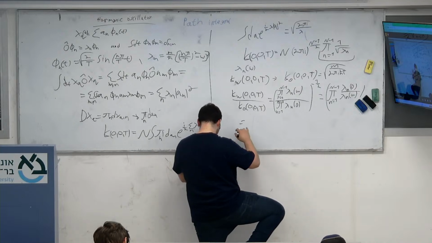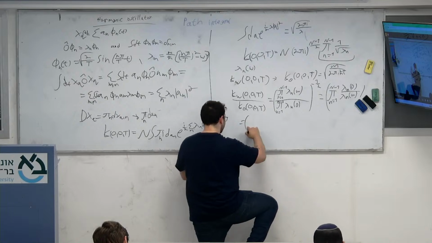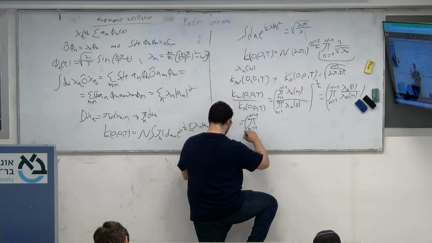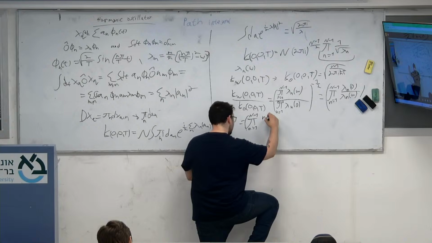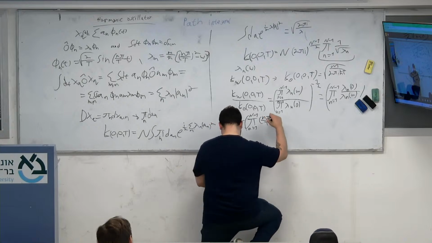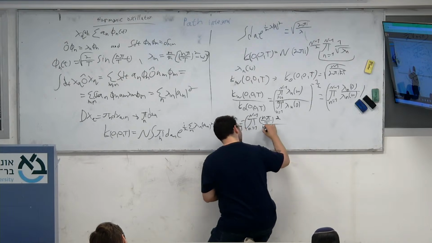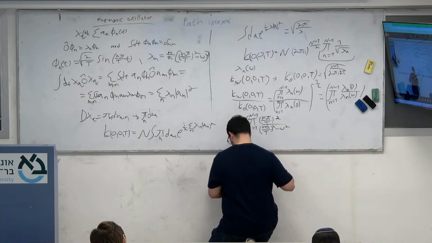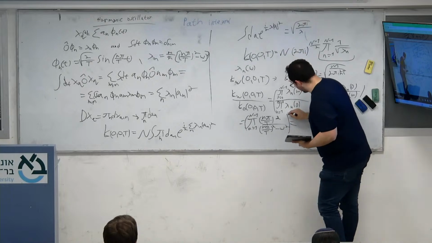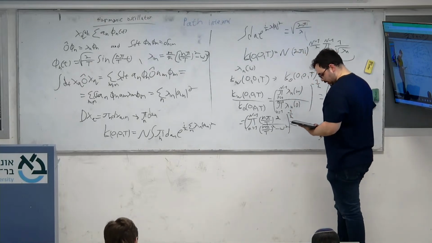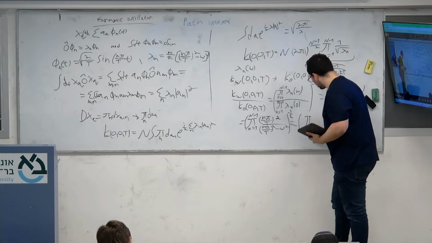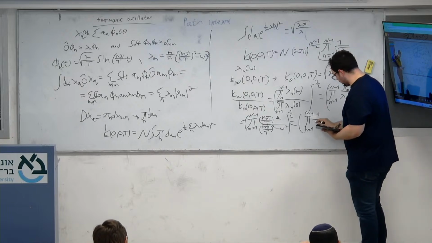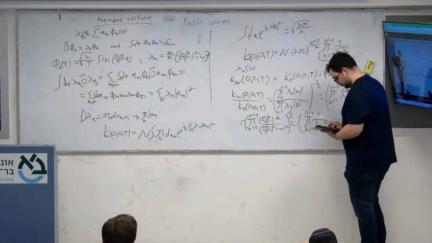Equals overall the product of n by t squared divided by n by t squared, to the power minus 1/2, equals minus 1 divided by 1 minus t.